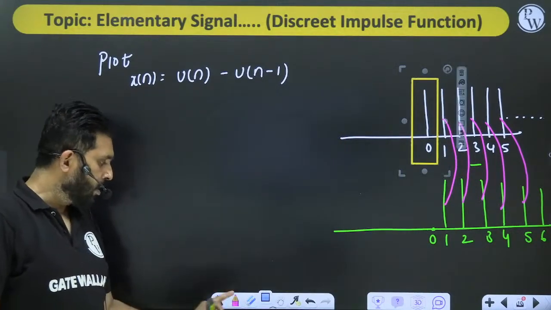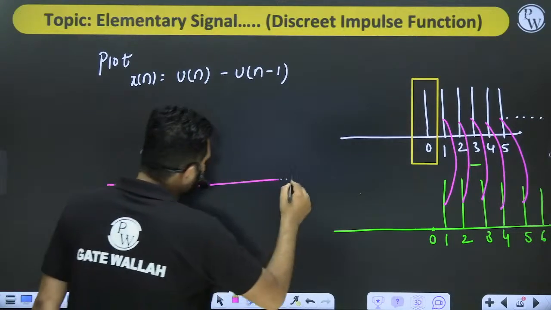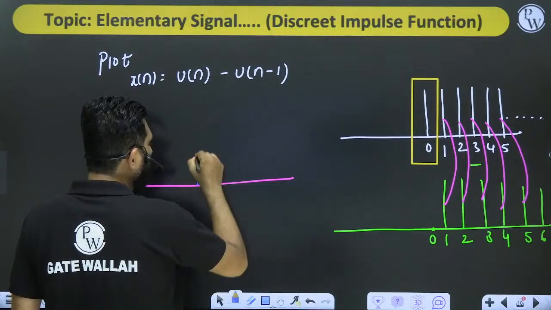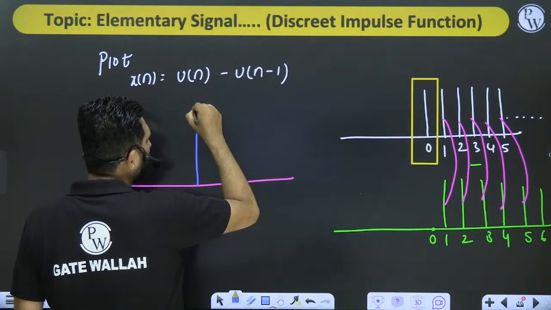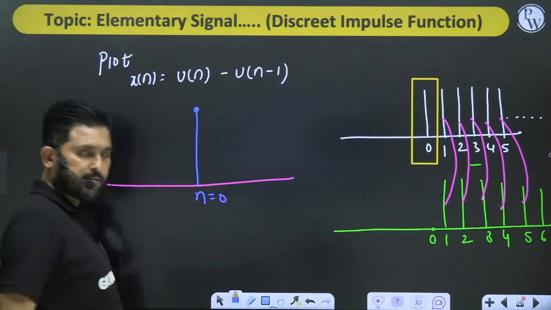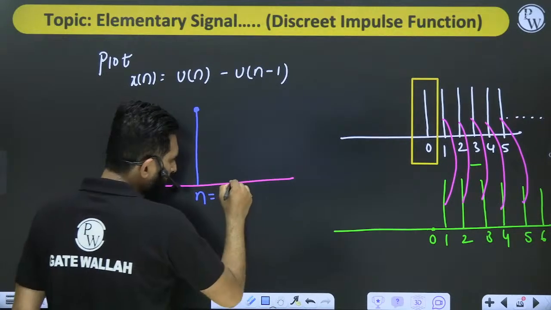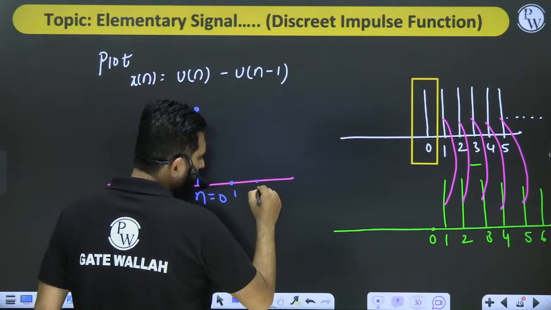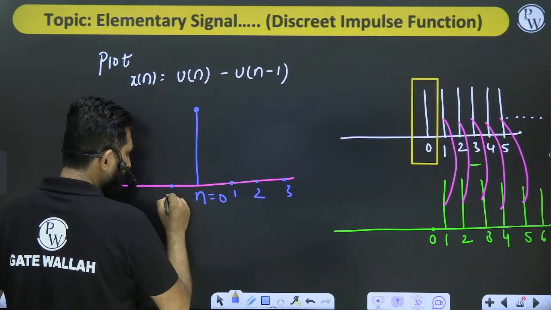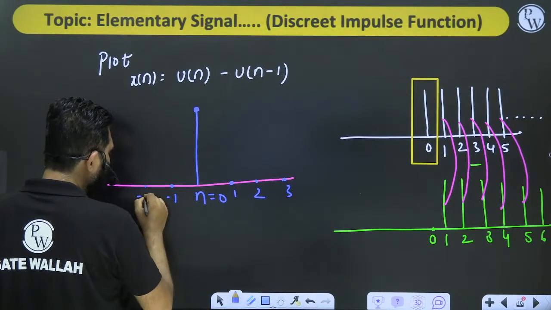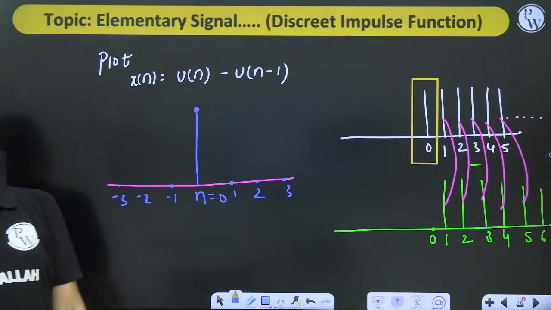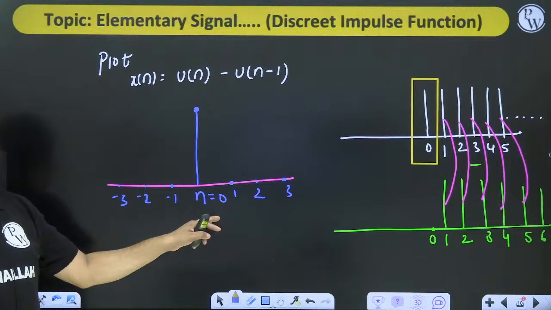So I have a function which exists at n equal to 0, and is 0 else. Everywhere it is 0, at 1, 2, 3, and at minus 1, minus 2, minus 3. It only exists at n equal to 0.